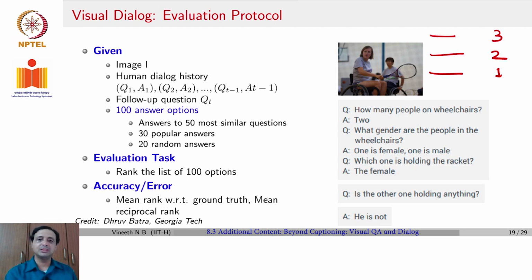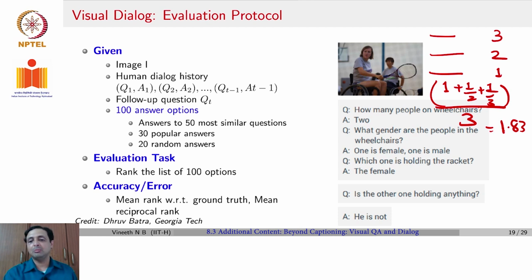Then your mean reciprocal rank would be given by 1 plus 1 by 2 plus 1 by 3 divided by 3, because those are the total number of options that you have. The sum is about 1.83, and 1.83 divided by 3 gives you 0.61. This would be the mean reciprocal rank.